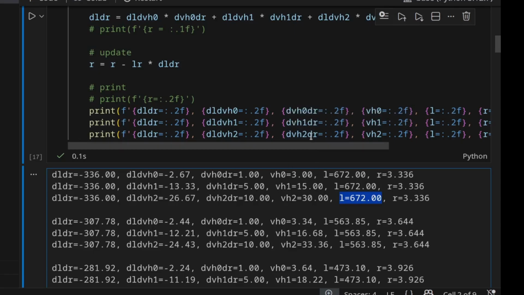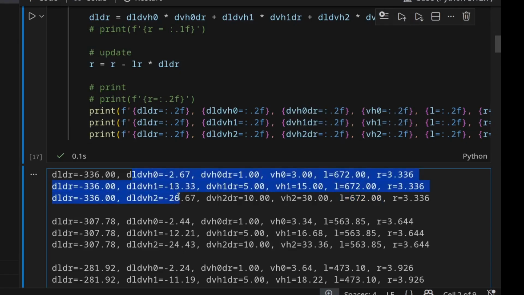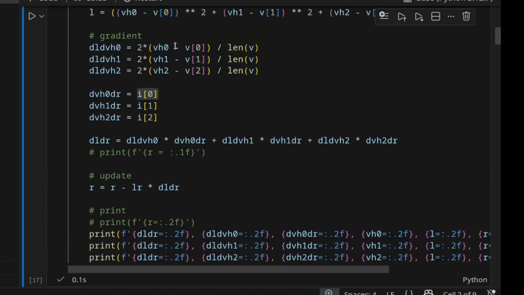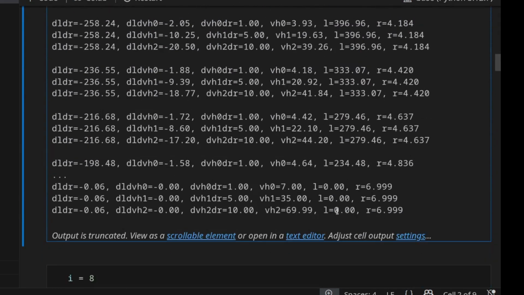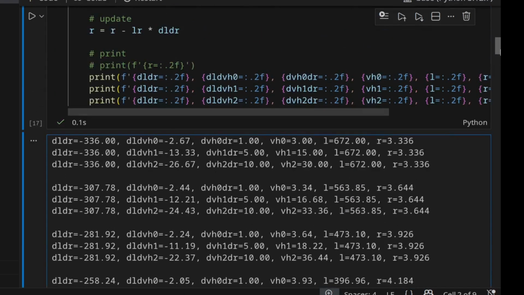So that's why those numbers can change within that one iteration of the loop. But the L is just one singular thing, so it doesn't change within that one iteration. It does change on the next iteration, and the next, etc. So that's the loss, and as you can see, it decreases until it approaches 0, or gets to 0 in this case, it looks like. So that's kind of how these things work.